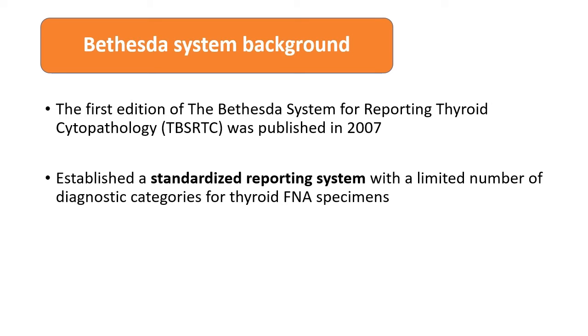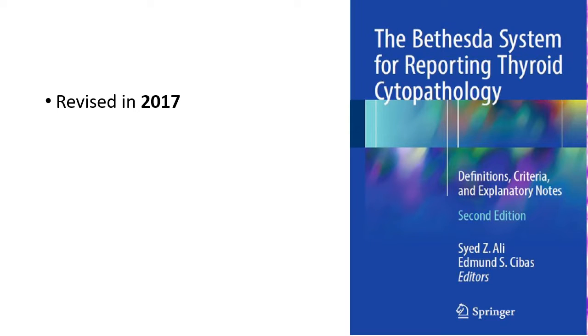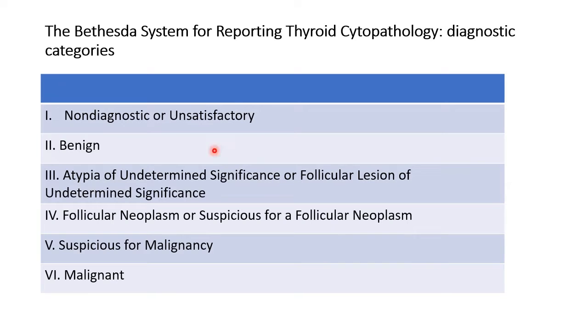So as we have discussed earlier, the first edition of the Bethesda system for reporting thyroid cytopathology was published in 2007, which established a standardized reporting system with a limited number of diagnostic categories for thyroid FNA specimens. This was further revised in 2017, and there were 6 diagnostic categories, 3 of which had 2 names, and each lab was allowed to adopt any one name out of the 2.